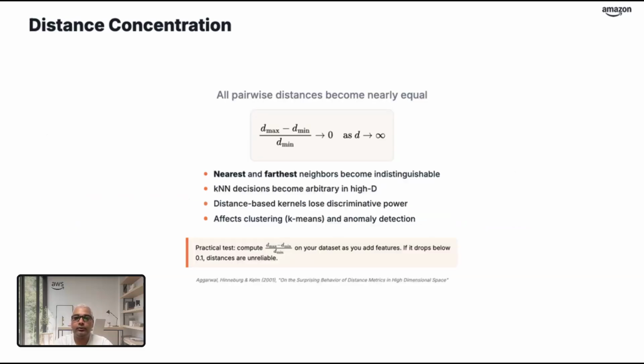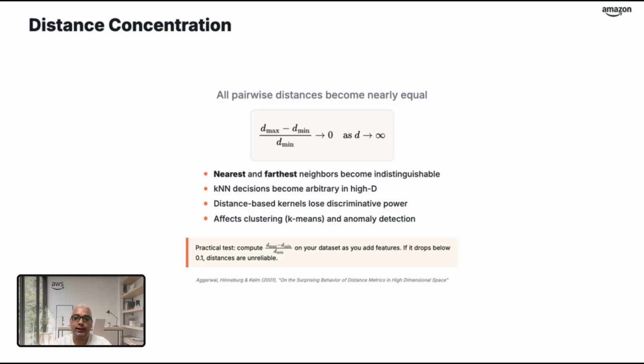So we'll next go over the distance concentration phenomenon, which I think is even more counterintuitive. Distance concentration means that as the number of dimensions grows, the difference between your nearest neighbor and your farthest neighbor becomes negligible relative to the distances themselves.